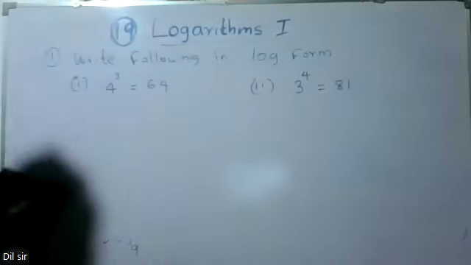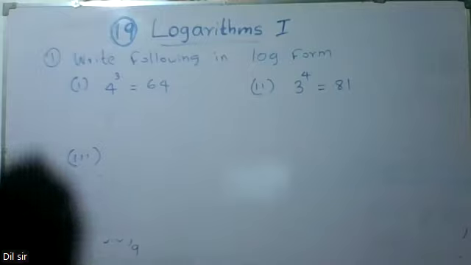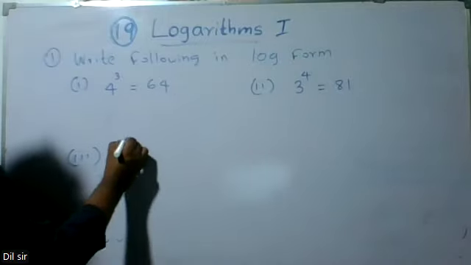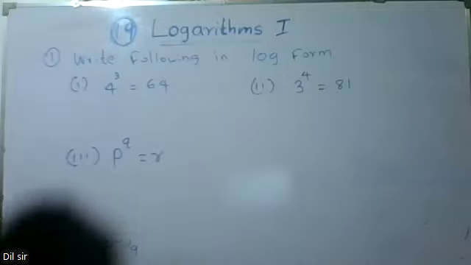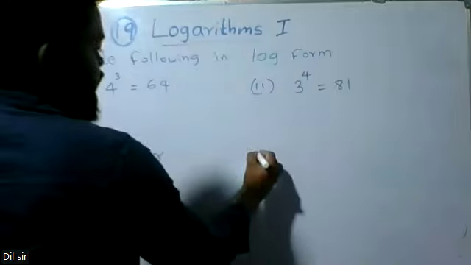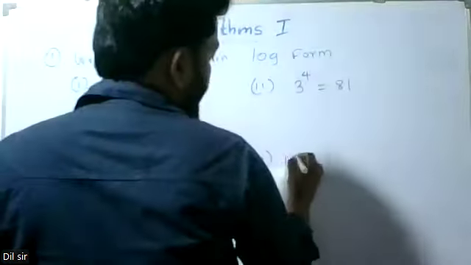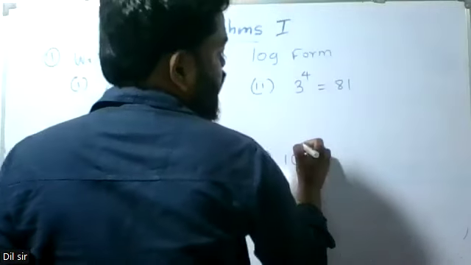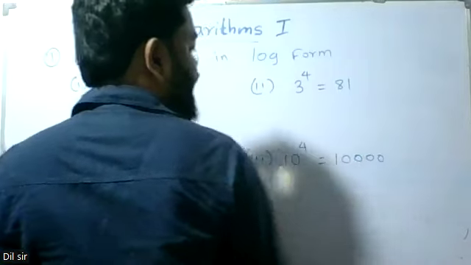Third: p to the power q equals r. Symbols are there, but don't worry, write this in log form. Fourth: 10 to the power 4 equals 10,000.